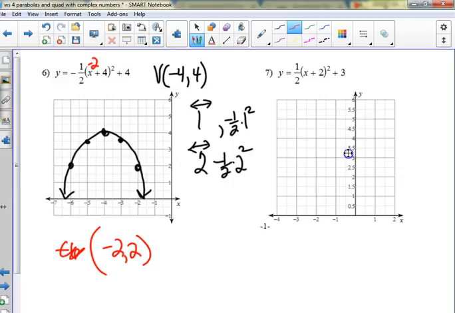Do we need to do one more, or you got this? Want to try this one because it's got a fraction? If you want to just use your calculator and find values, you can do that.